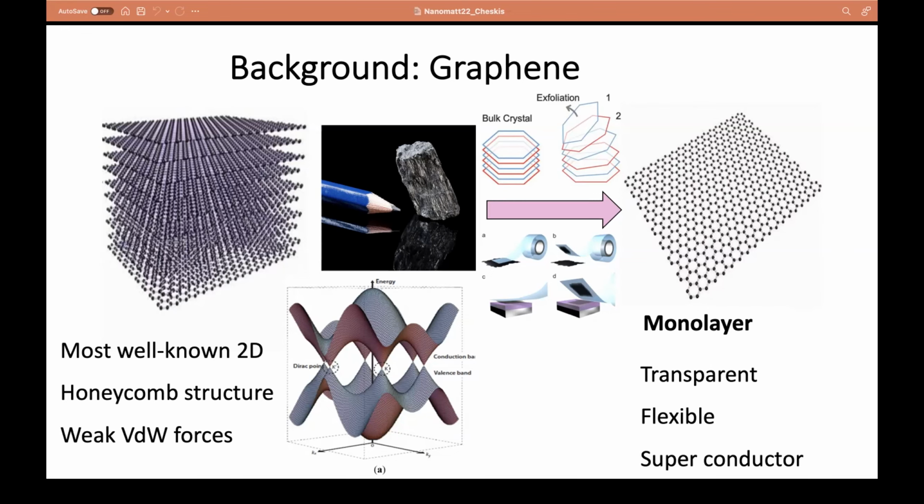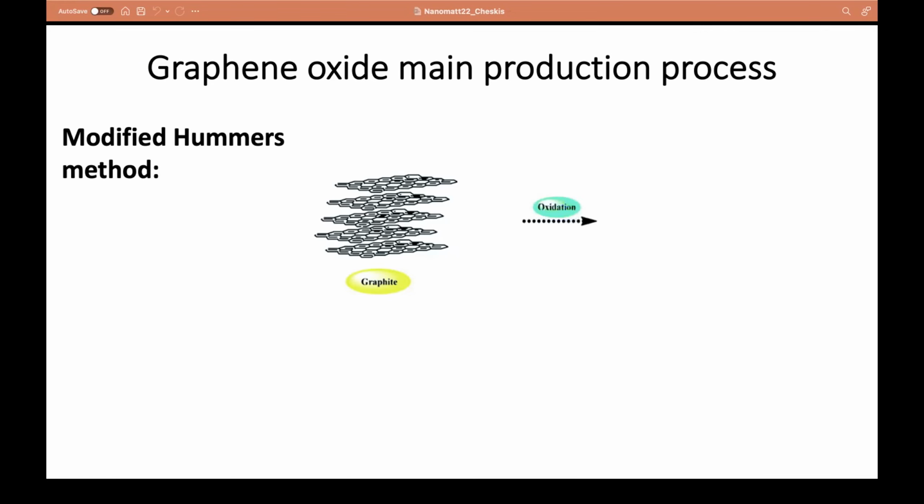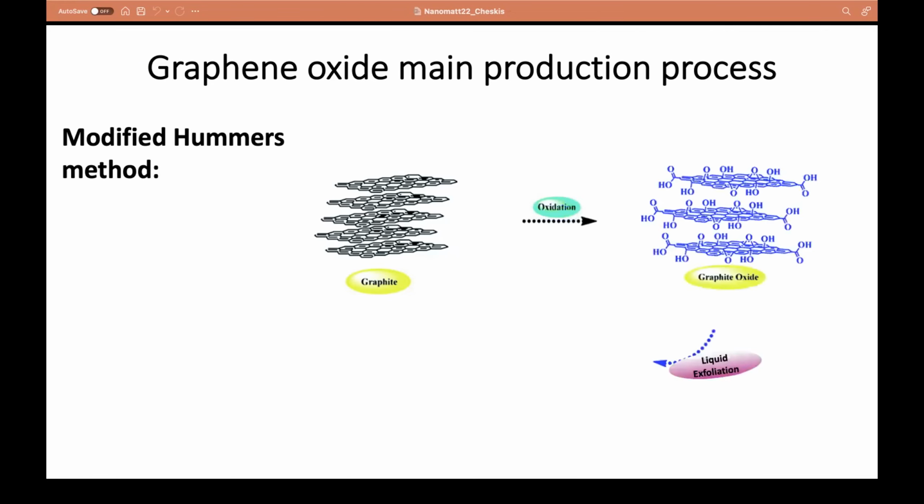So another idea is to produce graphene, or, for example, what's called reduced graphene oxide, through producing graphene oxide, which uses chemical exfoliation instead of a mechanical one.